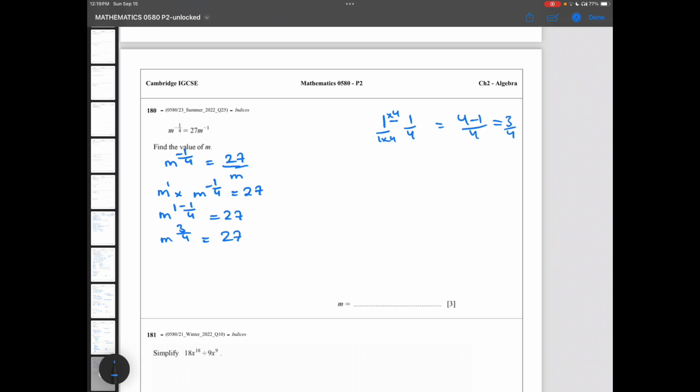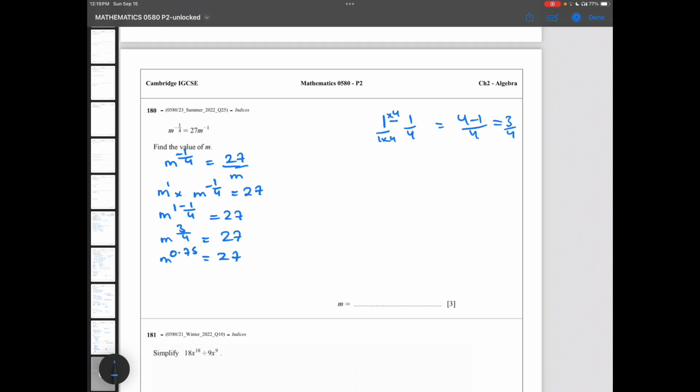Now to get the value of m, it means m to the power 0.75 is equal to 27.